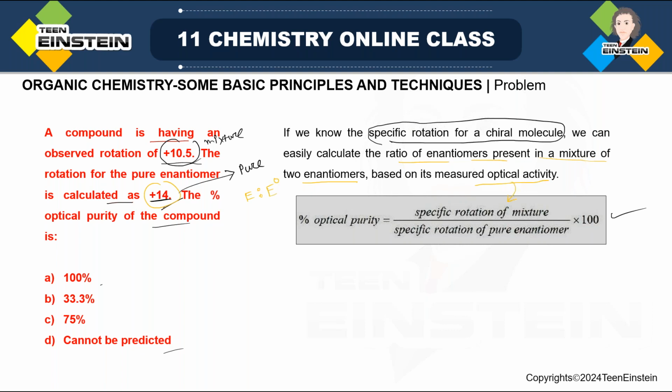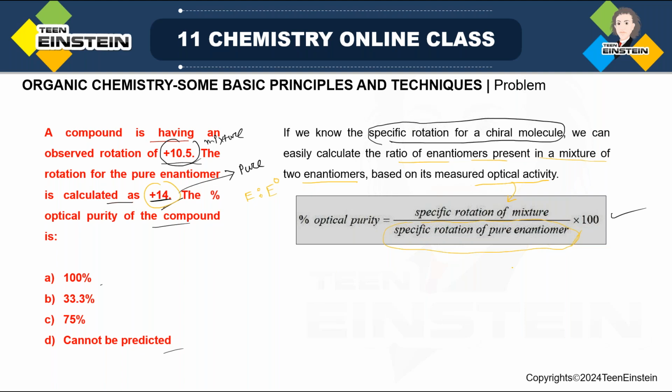This is basically the measured optical activity, that is the experimental observation that you are getting. And this value we get from a database, which is already fixed. As I have said, specific rotation is intrinsic, just like melting point, boiling point, and density for a particular pure compound. You can get this value from a reference book or any database.